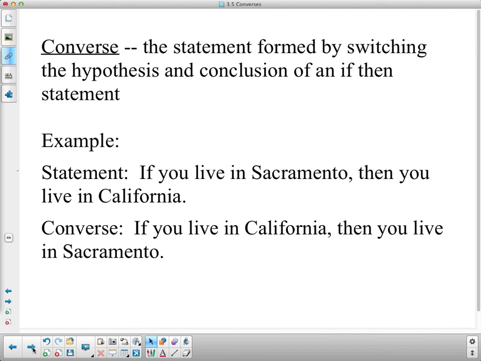Formed by switching the hypothesis and conclusion. And then I put an example up here for us to look at.